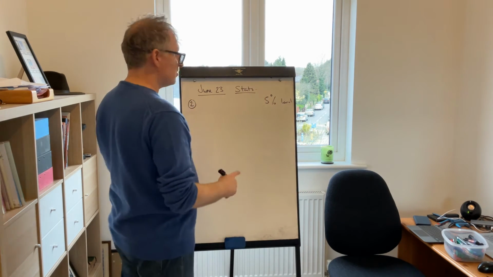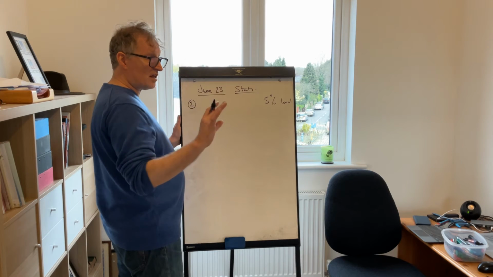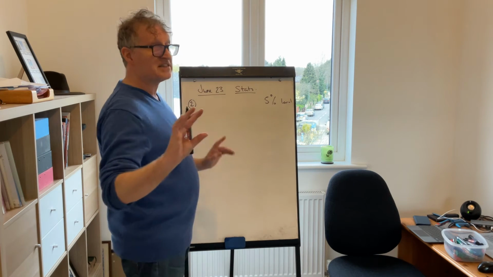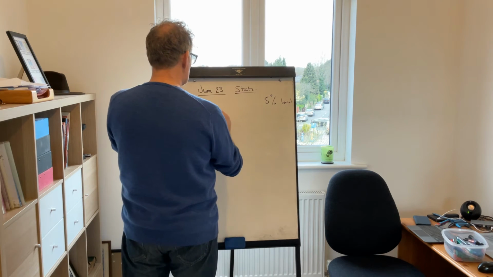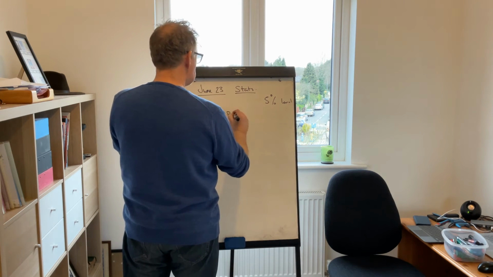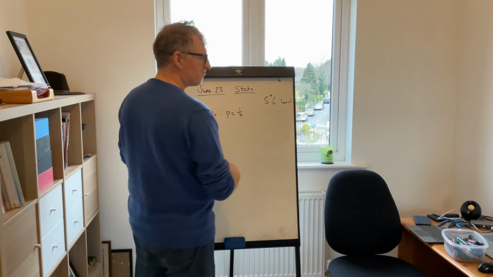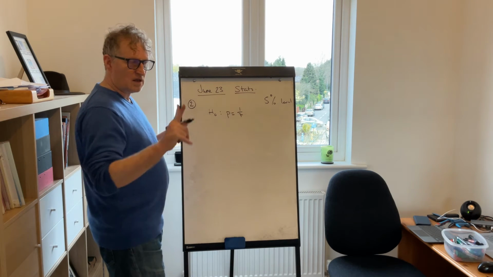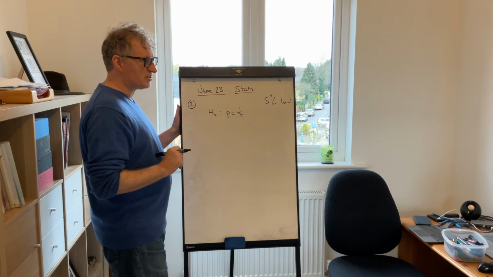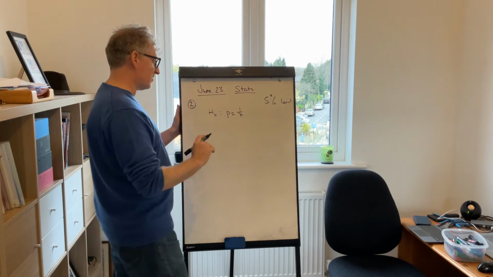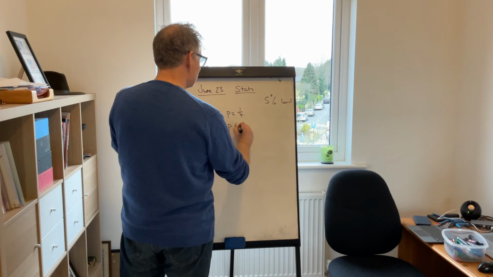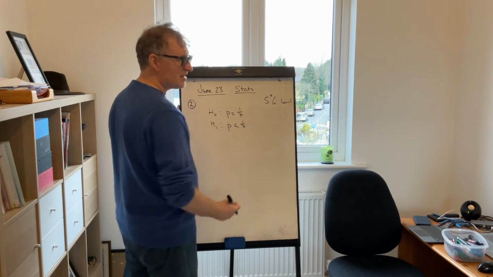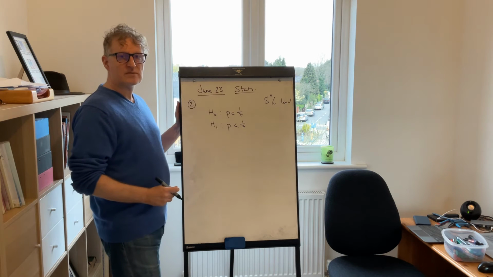So our null hypothesis is going to be that this probability of getting a prize is still 1/7. So our H0 is going to be that p is still 1/7. Okay? However, Camille is suggesting that the probability of a prize is now less than 1/7. So your alternative hypothesis is that p is now less than 1/7. Simple mark, just for quoting those.